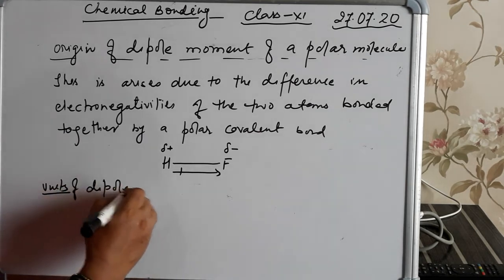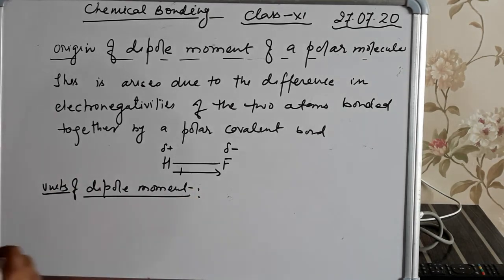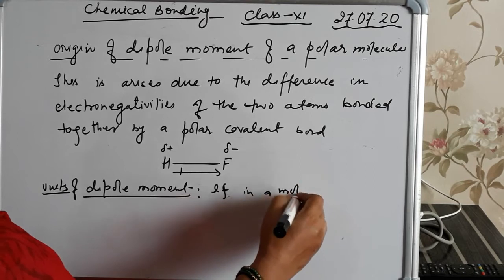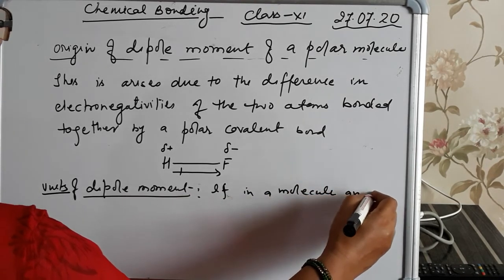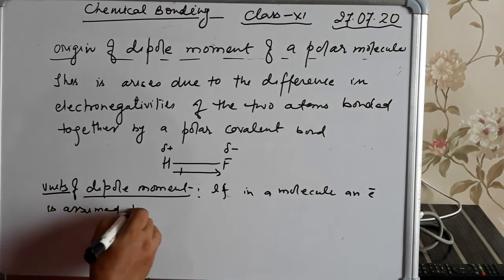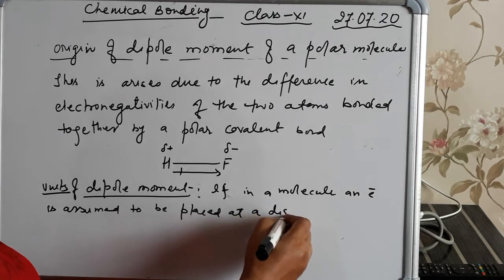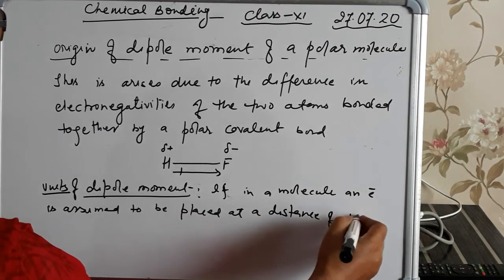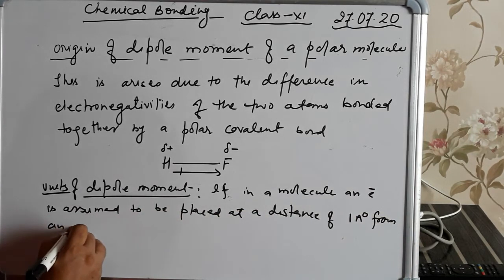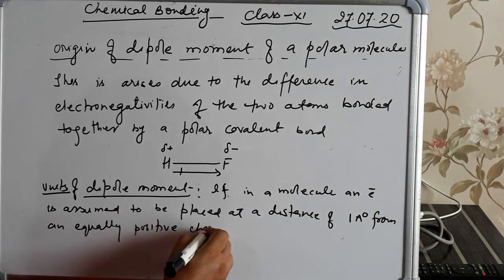Suppose in a molecule an electron is assumed to be placed at a distance of 1 angstrom from an equally positive charge.